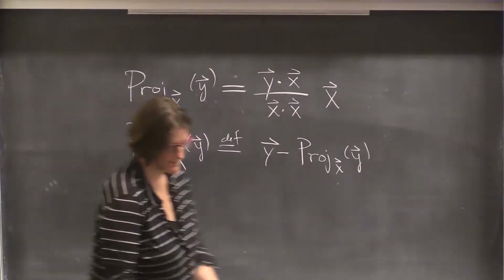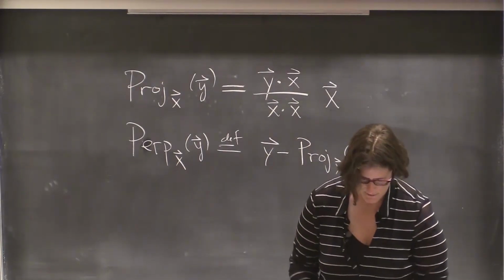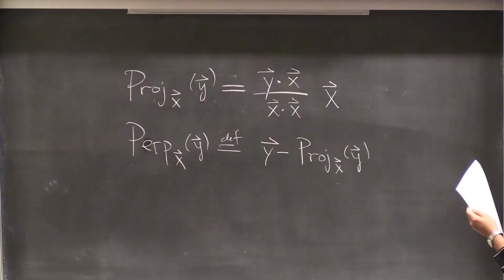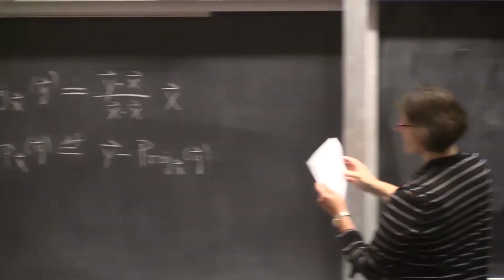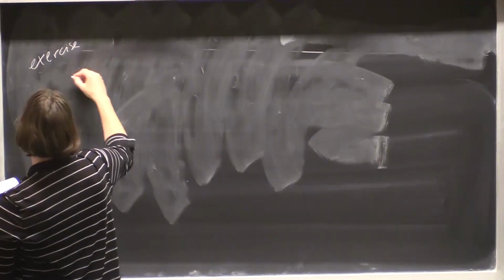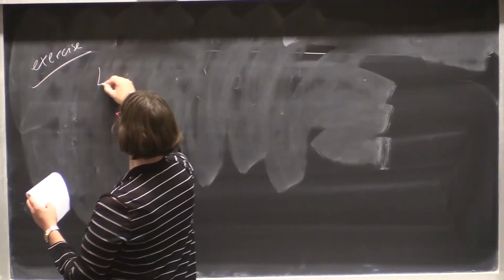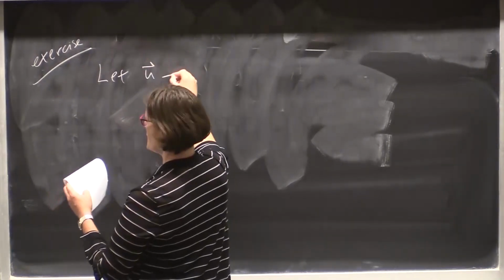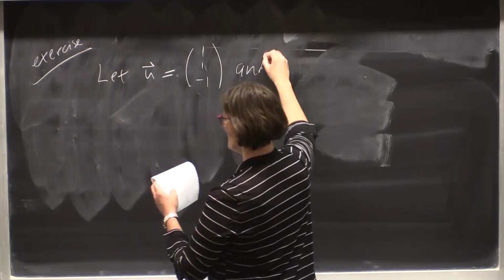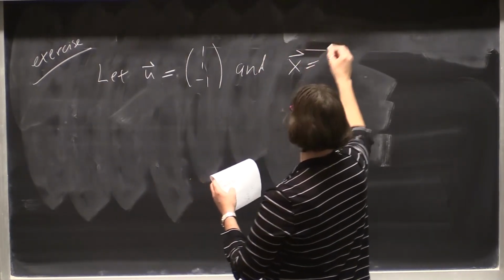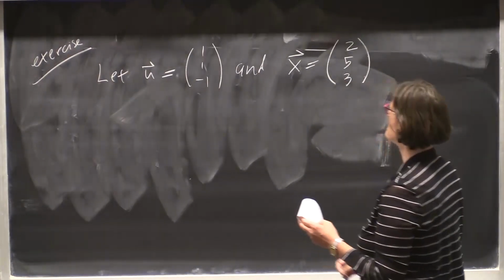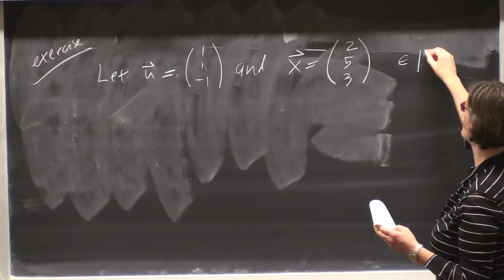So let's do an example. This is from the conceptual portion of the problems. Exercise. Let u be the vector 1, 1, minus 1, and x be the vector 2, 5, 3. So we have two vectors in R3.